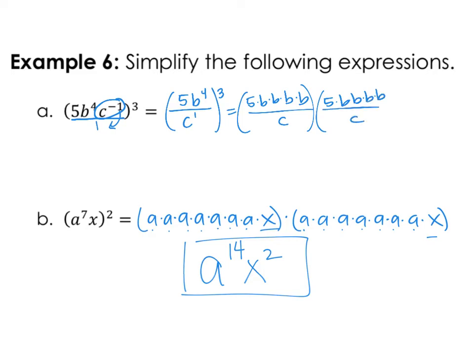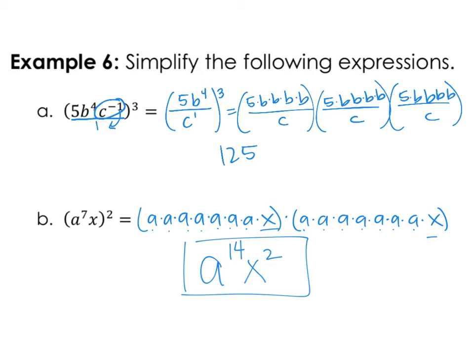So let's write that all out. I know it seems like it's a lot to write, but I know you can do it. Okay, so with my 5's, I have all of these things being multiplied, which means it's a 5 times 5 times 5, or 5 to the 3rd power, which equals 125.